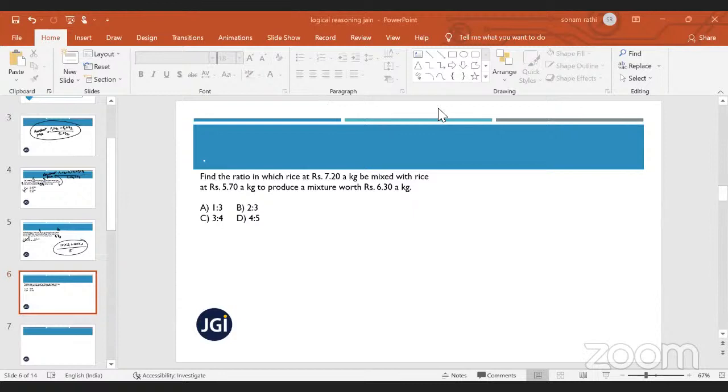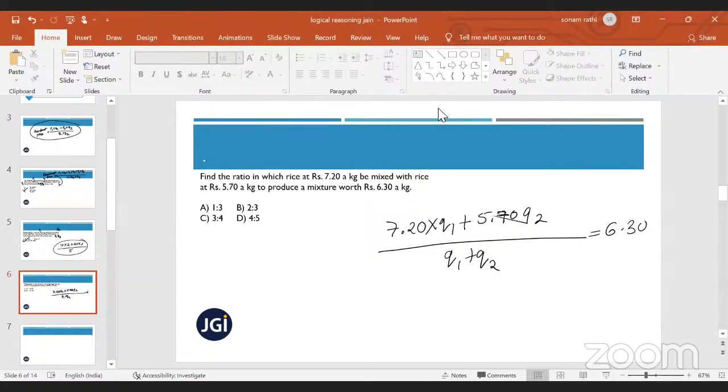So, what's your formula? P1 Q1 plus P2 Q2 divided by Q1 plus Q2. Okay, but when I read the question, I get to know that quantities are not given, right? So what I will do, 7 into Q2 divided by Q1 plus Q2 is equals to 6.30. Now this will go over here.